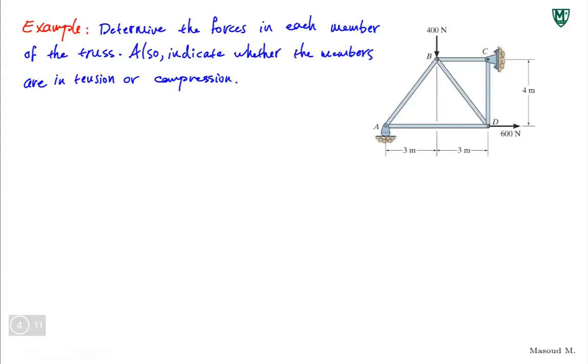If you remember when we were talking about equilibrium of rigid bodies in two-dimensional space, we talked about different types of supports. Remember, we were talking about cantilever beam, roller, pin supports, and we said if we isolate them or remove them from the structure, how many forces do we need to replace those supports in two-dimensional space?